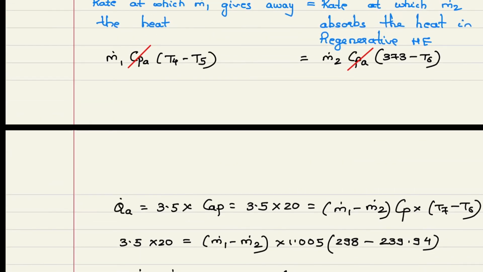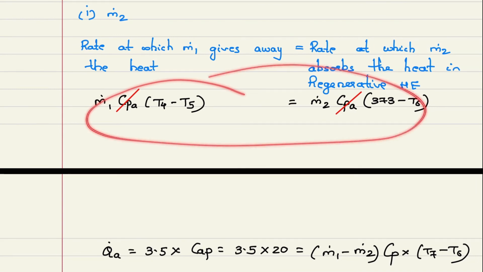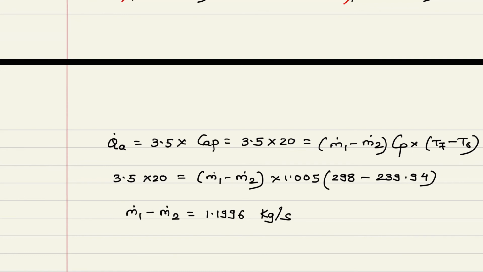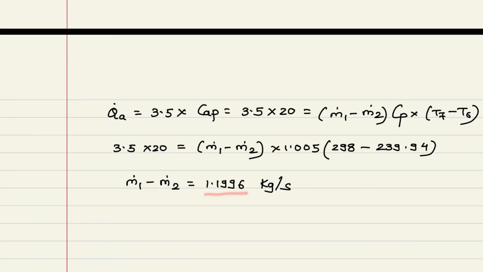Now if you observe this equation, we have m dot 1 and m dot 2, and in the other equation we have a relation between m dot 1 and m dot 2. So you can substitute this value in that equation to calculate both m dot 1 and m dot 2. In place of m dot 1, we can substitute 1.1996 plus m dot 2.